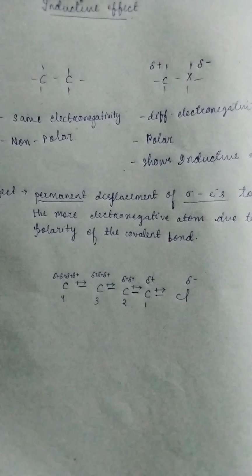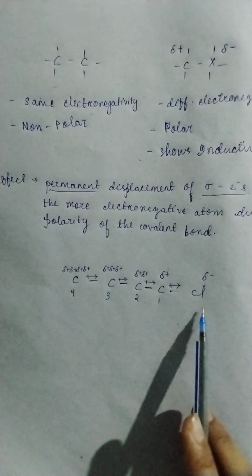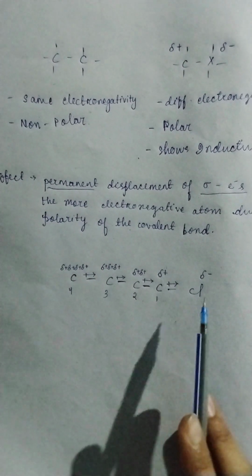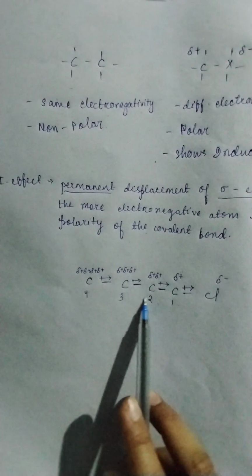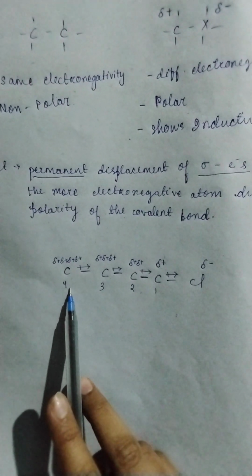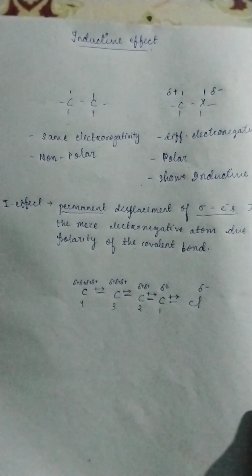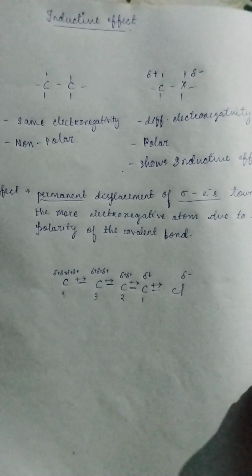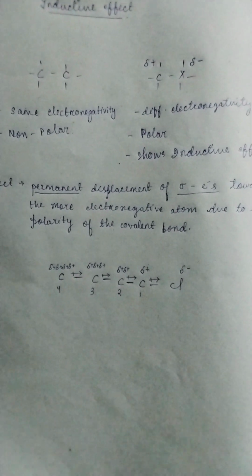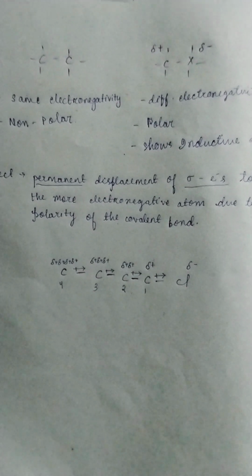So over here what is happening, you can see that as the distance between the substituent and the carbon atom is increasing, the inductive effect slowly decreases, all right? So what do we say? We say that the inductive effect is transmitted along a carbon chain. However, it tends to weaken beyond the third carbon.